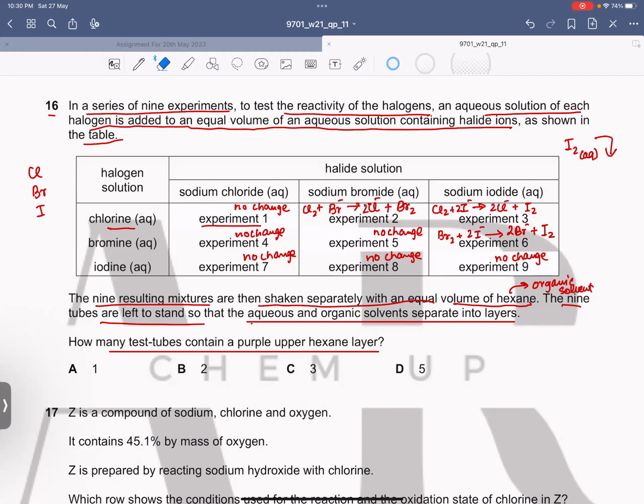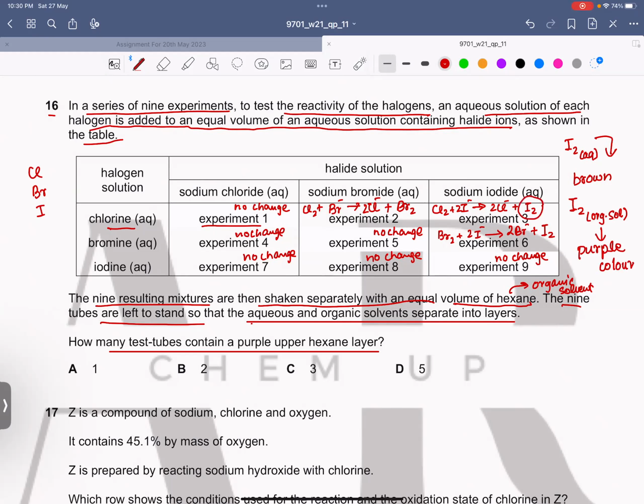Remember, aqueous iodine is brown or red-brown in color, but when iodine dissolves in any organic solvent, then you will observe a purple color. Okay.